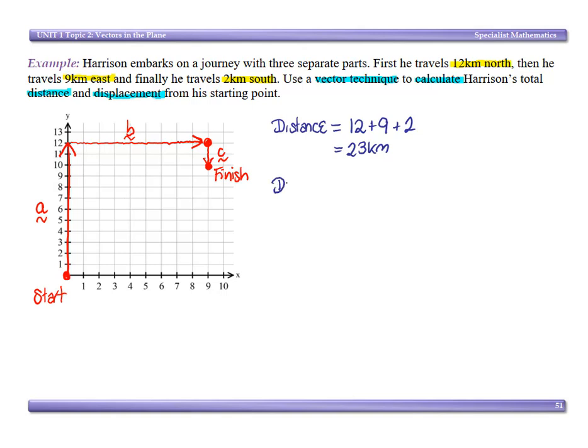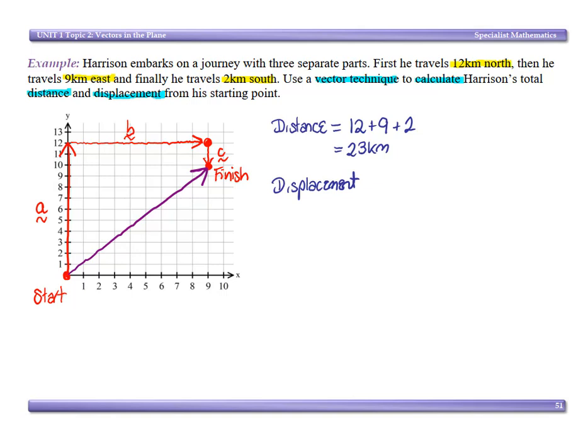Now for displacement, what I actually need is this resultant vector here. Now there are 2 ways of doing this.